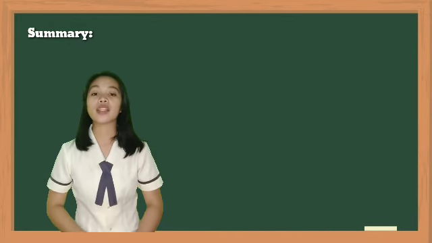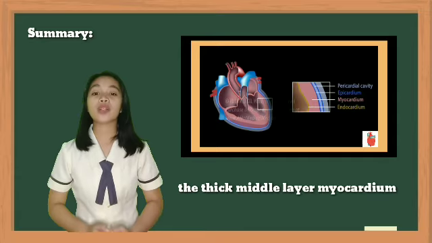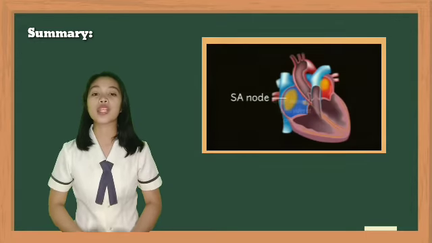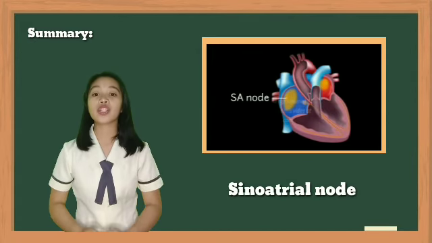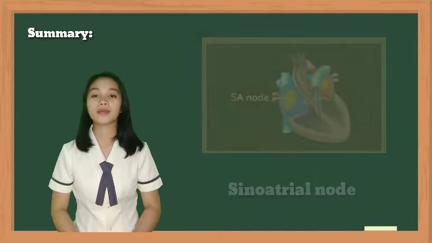The third one is the thick middle layer, the myocardium, the muscle tissue responsible for the beating of the heart. The primary pacemaker is the SA node, or sinoatrial node. It initiates all heartbeats and controls heart rate.